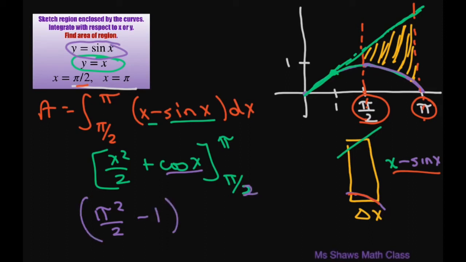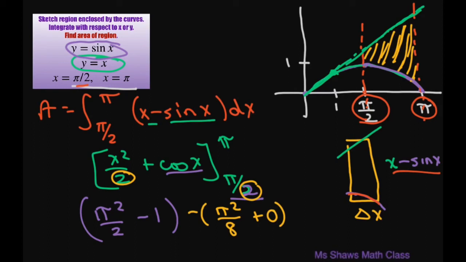Now let's input our pi divided by 2, and that's going to be minus pi squared, and then you're going to get a 4, and just multiply the 4 by 2, get 8, and then cosine of pi divided by 2 is 0.